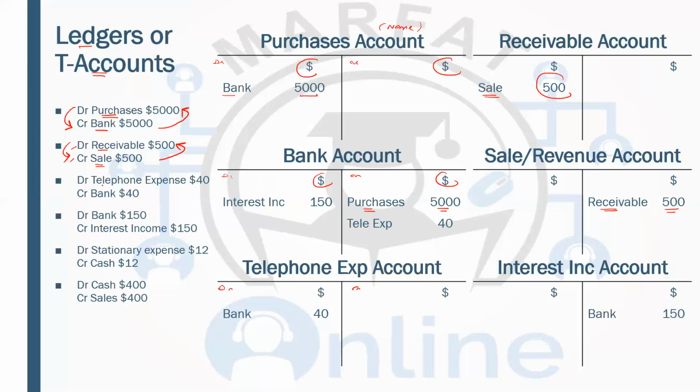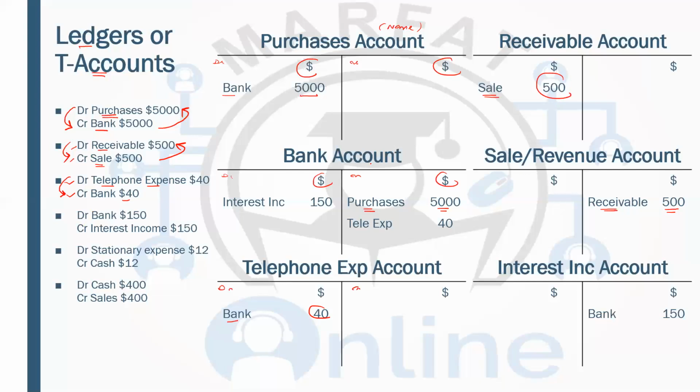Similarly, if you see the third transaction, debit telephone expense, so you have to make one account for expense, and then you have to make one account for bank. But we already have the bank account. So telephone expense, debit side, and we're going to give the reference that, okay, we have paid the telephone bill through bank.